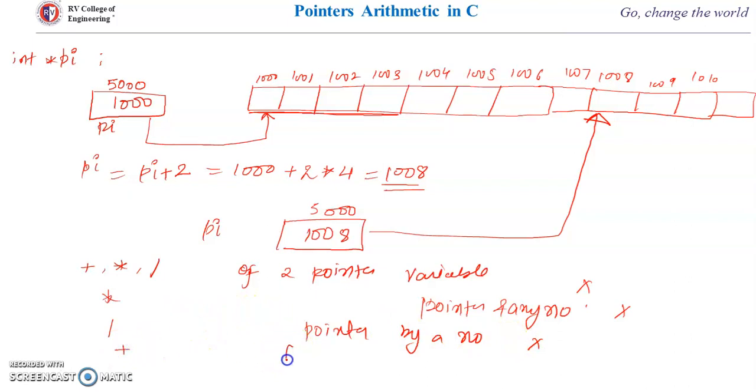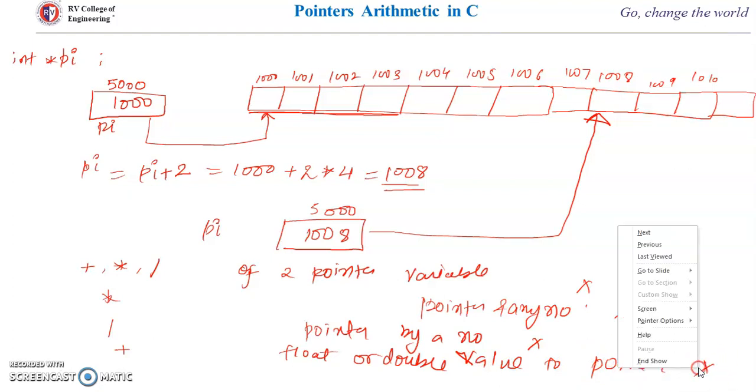And addition of float or double value to a pointer is also not allowed.